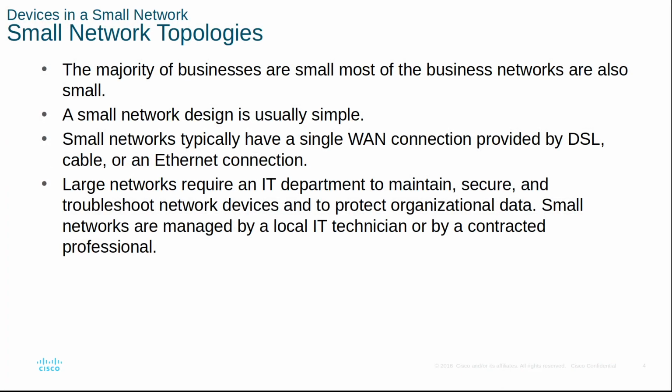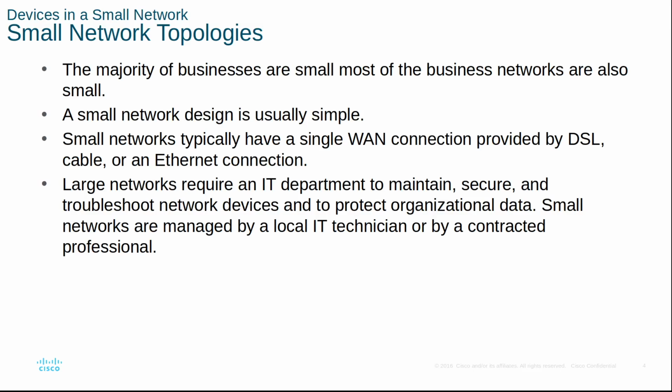Most businesses are small, and most of the business networks are also small, right? Small network designs are usually very simple. They might have a single WAN connection provided by a DSL or an Ethernet connection. They may not have a large IT department. They might actually only have one person who's the entire IT department. He's just the IT guy.